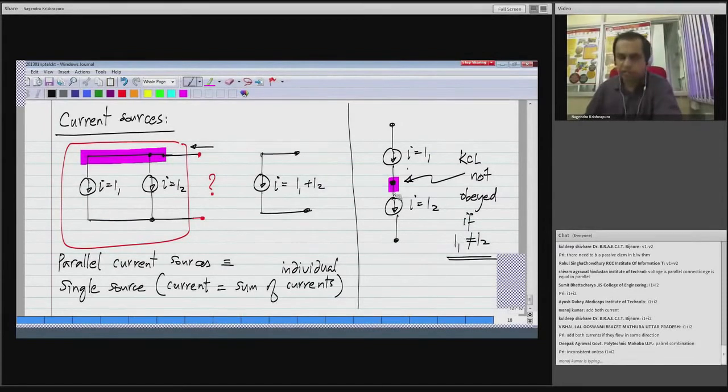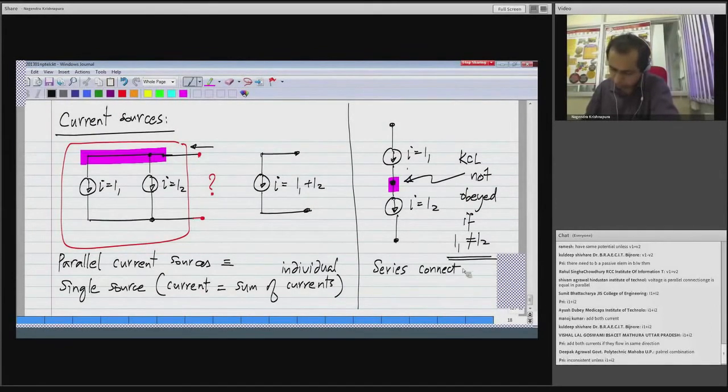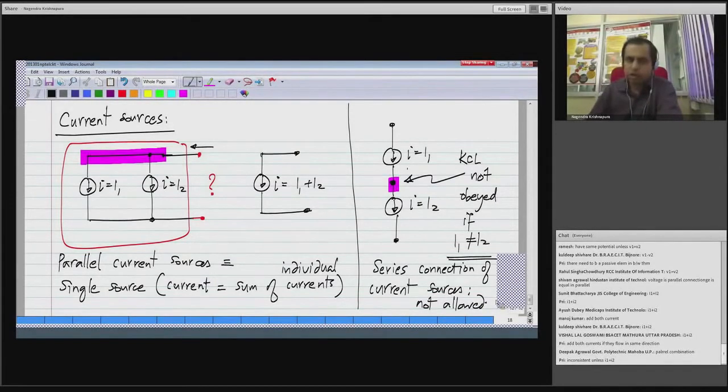So we say that a series connection of current sources is not allowed. Unless I1 equals I2, you cannot connect current sources in series. It's complementary to voltage sources: you cannot connect voltage sources in parallel, you can connect them in series, and you cannot connect current sources in series, you can connect them in parallel.